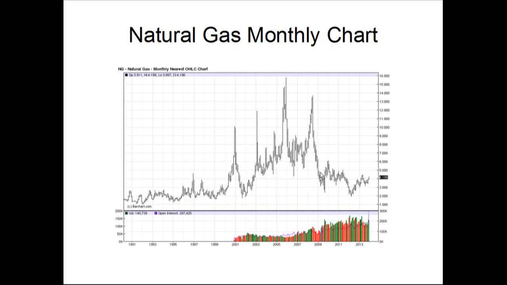The natural gas monthly chart here, you can see that the steady uptrend of natural gas was broken here with the fracking boom that didn't necessarily come about unexpected to people that study and analyse the natural gas market. There's a difference between what I call fundamental sizzle information and the difference between reality.